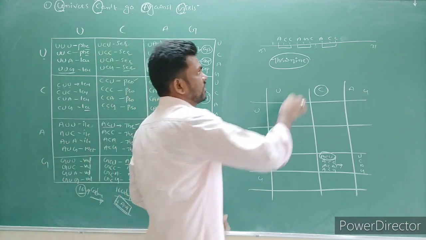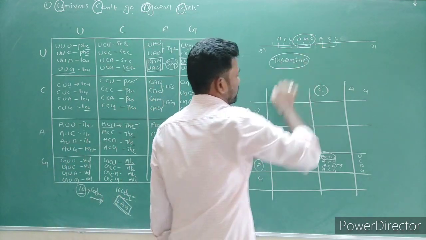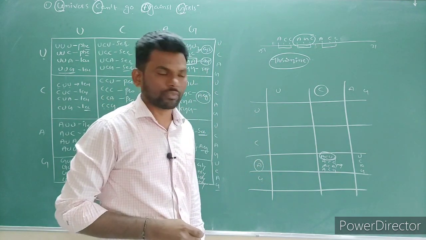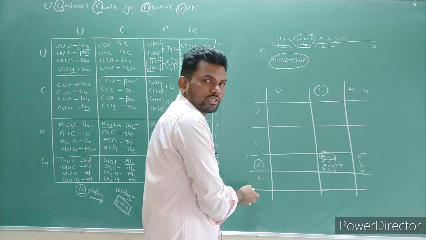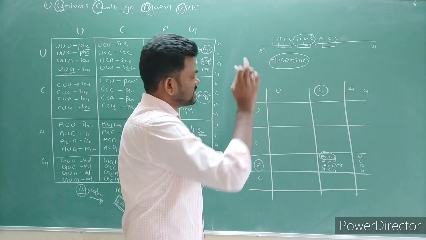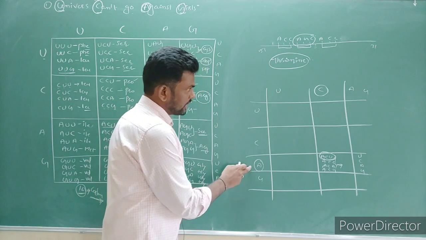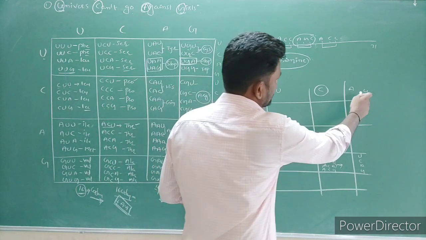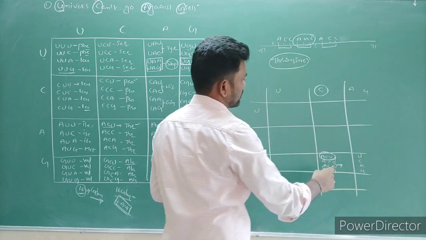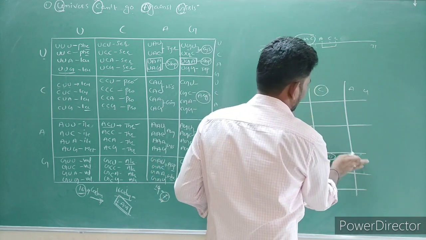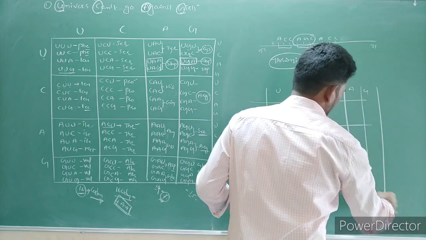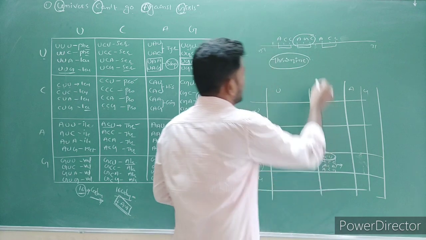If, for example, AGC is given, we have to find out which amino acid AGC is going to code for. Simple. Within 20 seconds, we have to draw this first. Where is AGC formed? Here A, here G, and C. This is the fourth one, right?